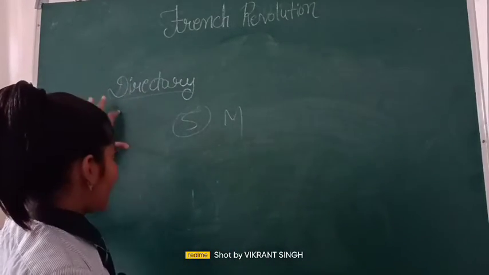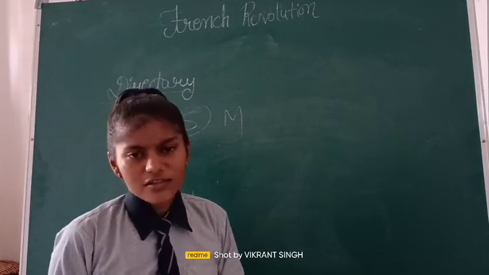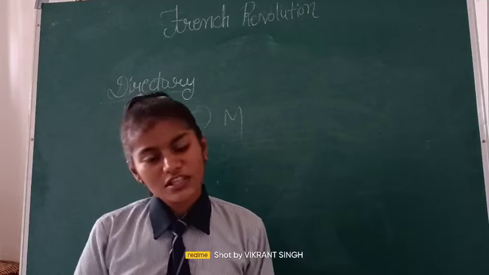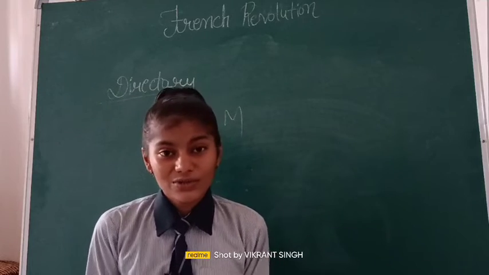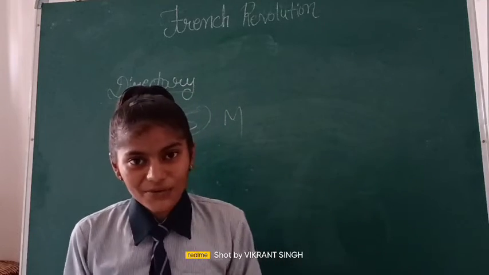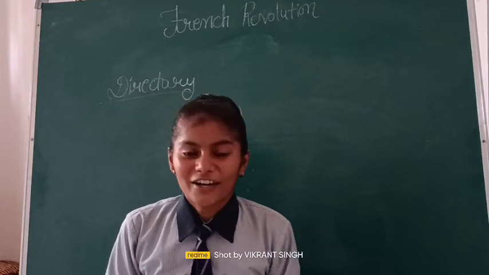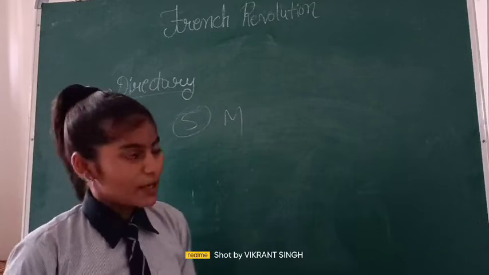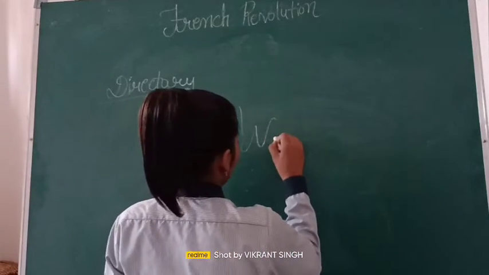So the Directory governed France, but if the Directory didn't succeed, the Legislative just dismissed it. And as useless, the Directory went down. Then after, it gave time to the dictator Napoleon Bonaparte.